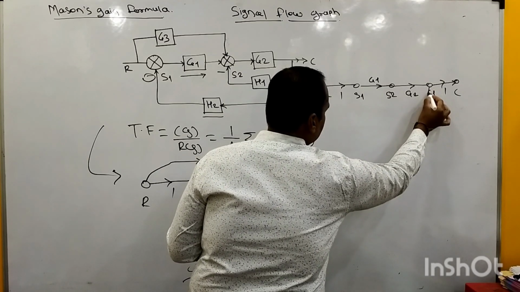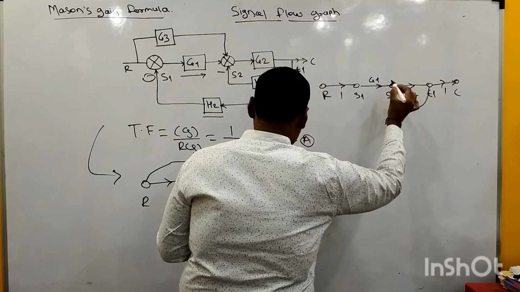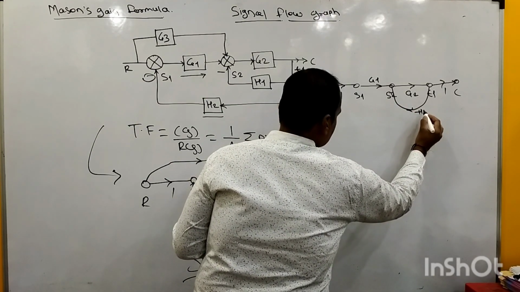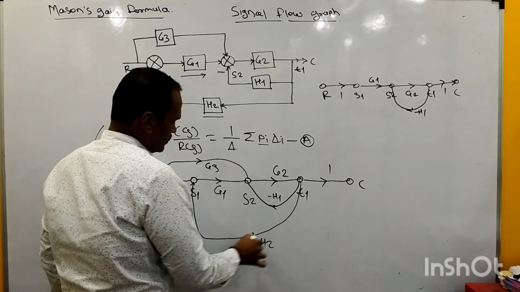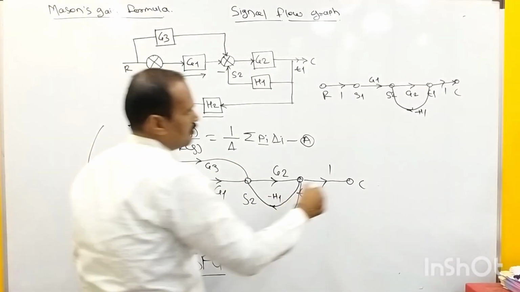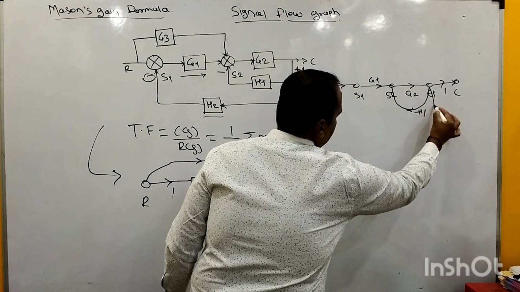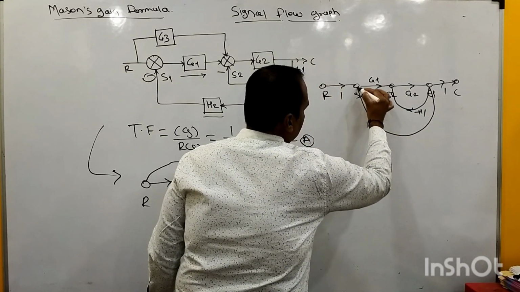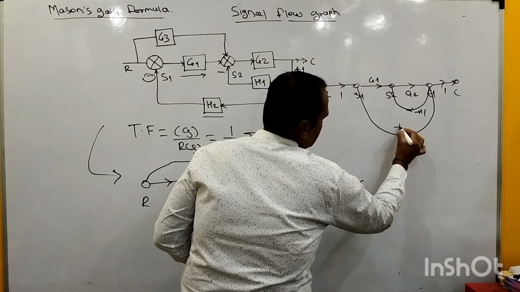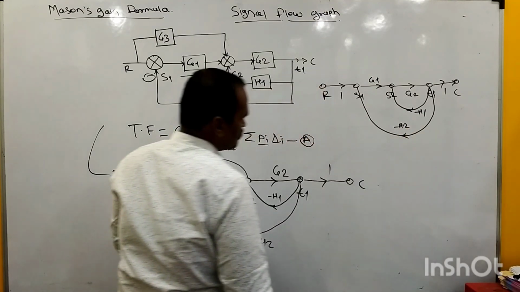It starts from this T1 and terminates at this S2, whose gain is minus H1. As far as the outermost feedback is concerned, again it starts from takeoff point number 1 and terminates at summing point number 1, right? So the gain of this feedback path is minus H2.